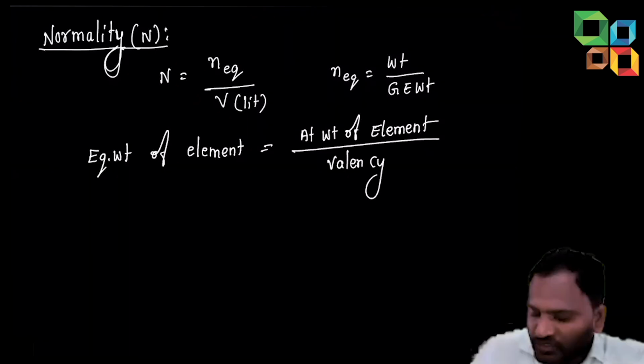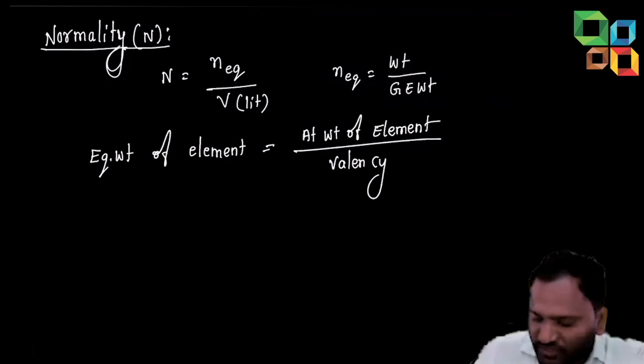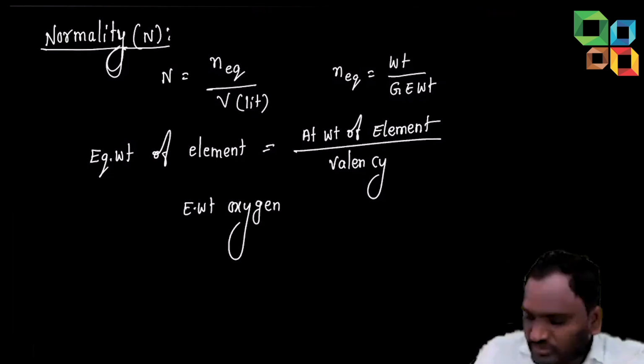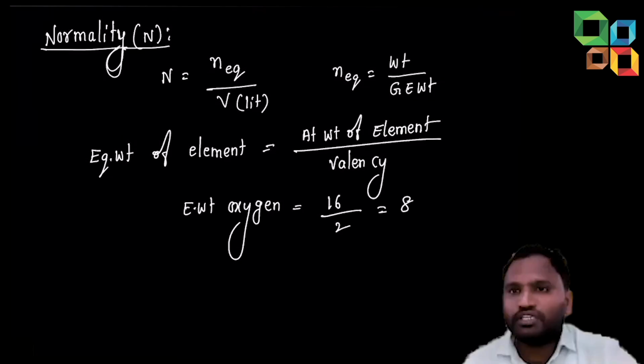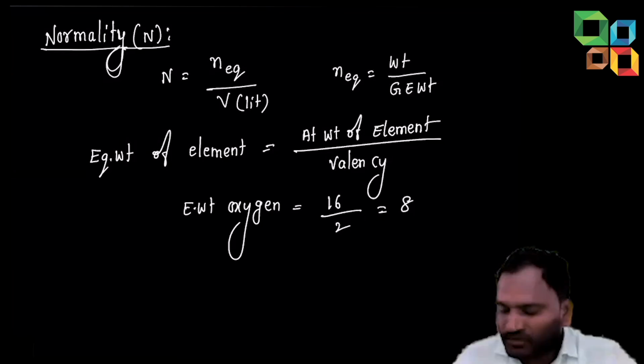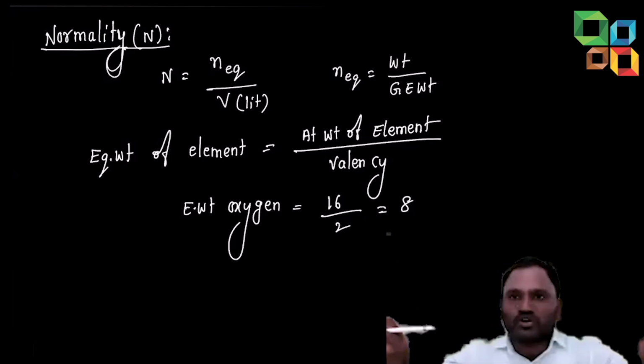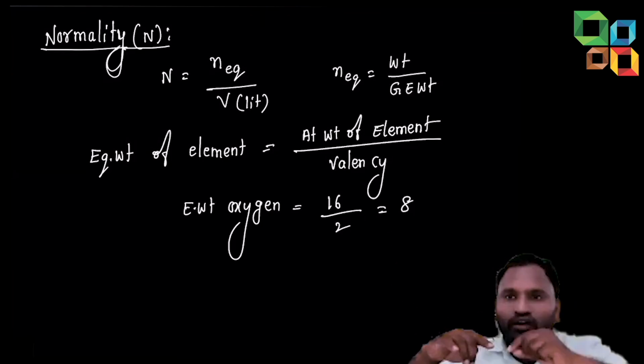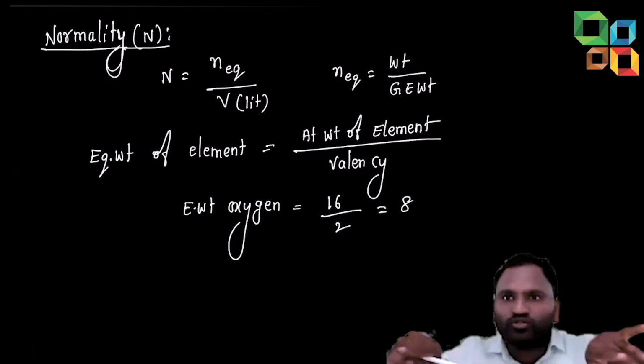Suppose for oxygen, if you want to find the equivalent weight, the atomic weight is 16, its valency is 2, so 8. Because oxygen can form two bonds, its total atomic mass is distributed in two ways.